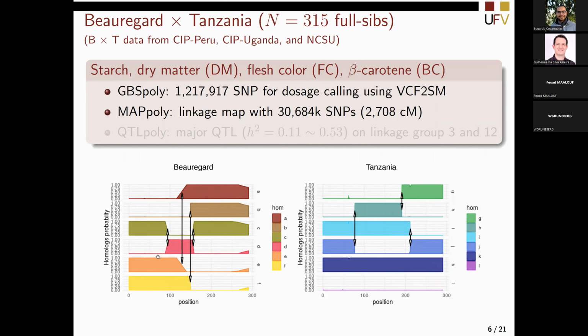And by doing so, we are able to estimate the composition of each one of the individuals, right? And know exactly which homologous chromosomes exchanged pieces during meiosis, right? Through recombination. This is just an example for one individual, right?